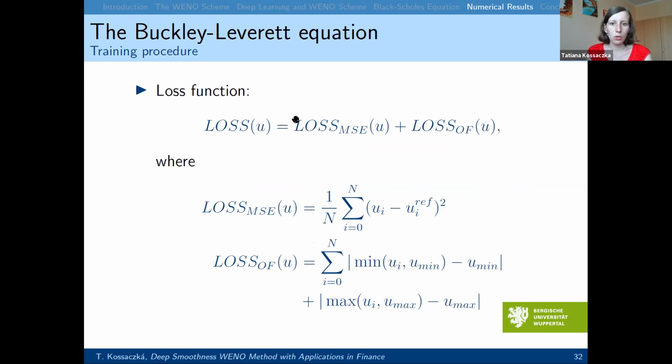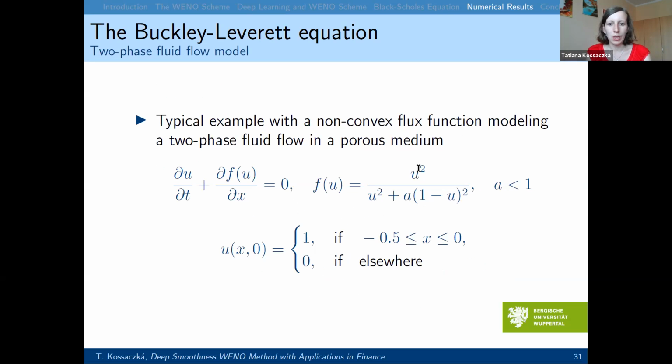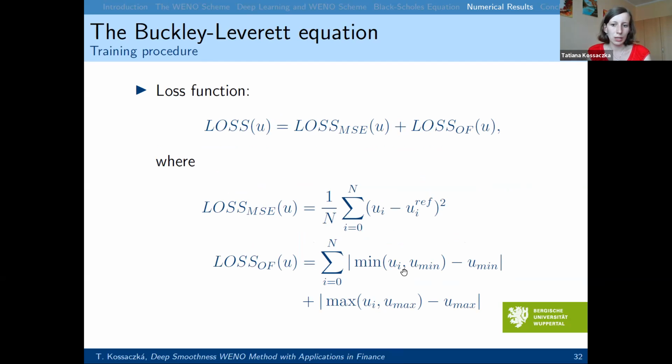So we construct the loss function in a different way compared to the example of computational finance. We define it like this: we add to the mean square error loss what I've called the overflows loss, because we know from the behavior of the solution that it should be between 0 and 1, and we just want to check if this solution is always between 0 and 1.